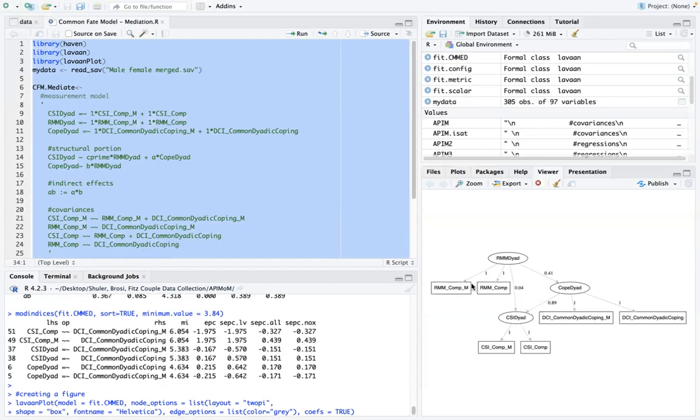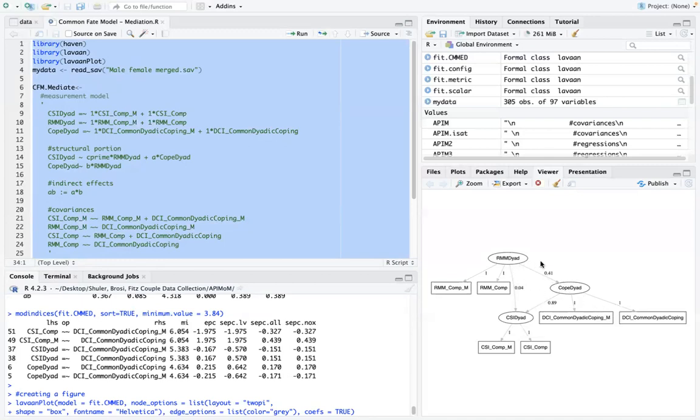So here is our diagram. We have our independent variable, which is a dyadic mean of relationship mindfulness, and that is predicting dyadic coping. I have intentionally requested no significance values, but you can absolutely add those into the figure, where you can have some asterisks to indicate whether or not the effects are significant. But this is significant.